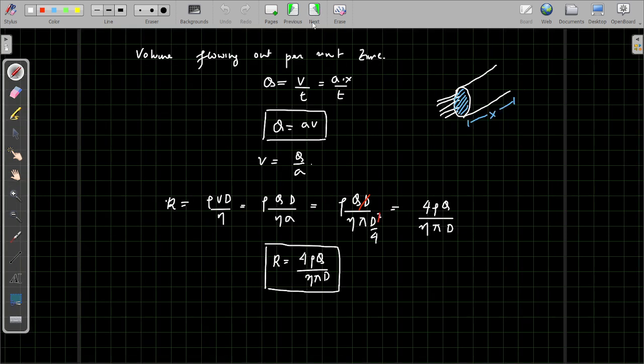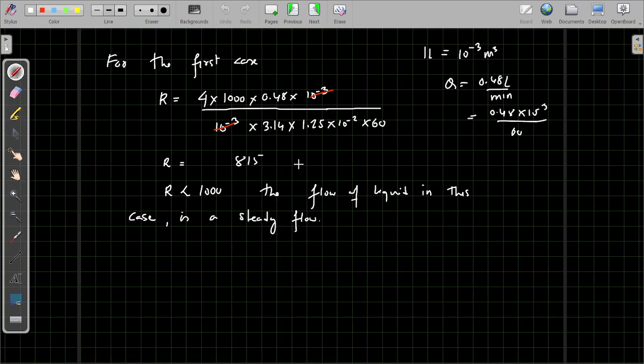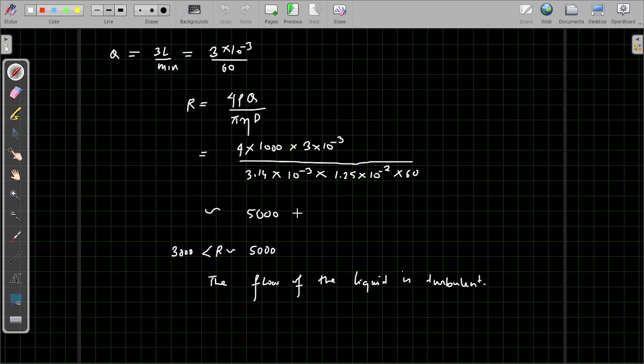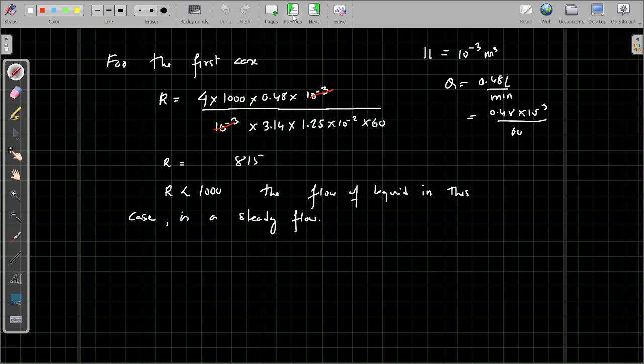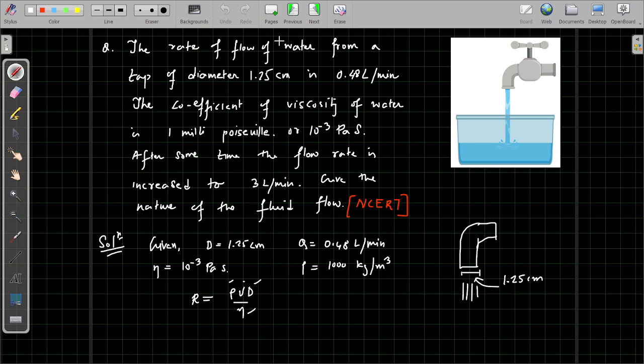But if it is greater than 3000, as in the second case, coming around 5000, definitely this is a turbulent flow. The flow of the water coming out from the pipe will be very irregular and very uncontrolled. So this is how Reynolds number helps to determine the characteristic of the flow. Hopefully you have been able to understand it.